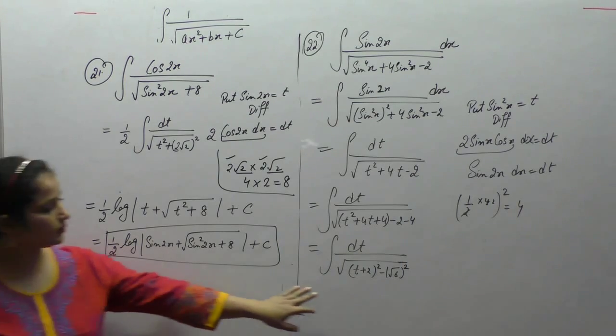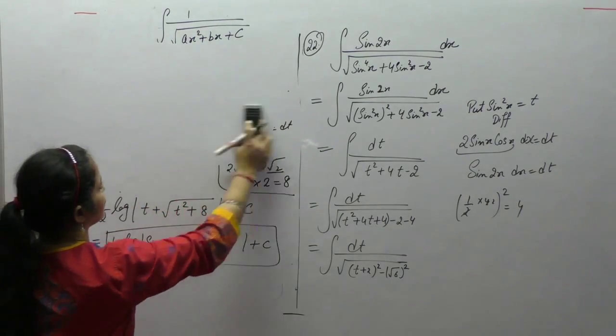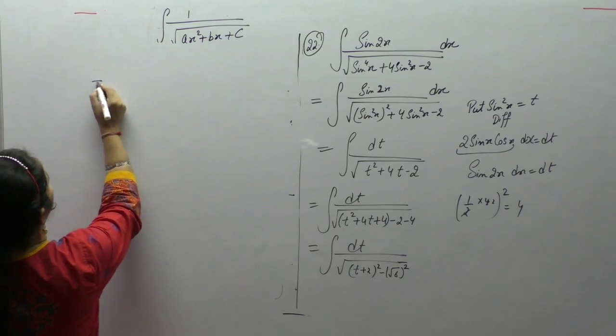The integral of 1 upon square root of x square minus a square is equal to log of x plus square root of x square minus a square.